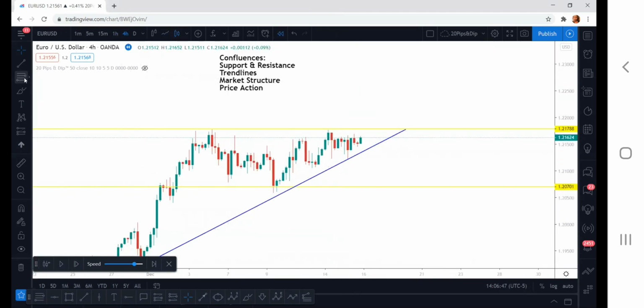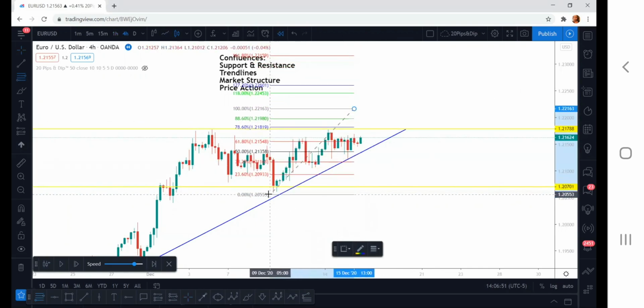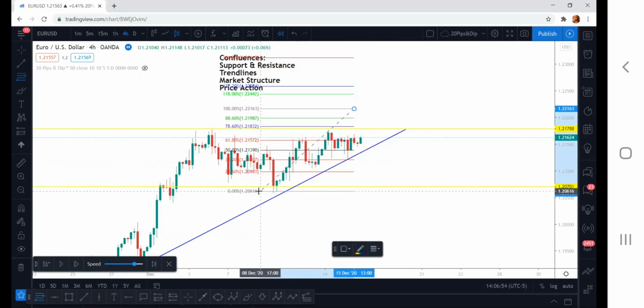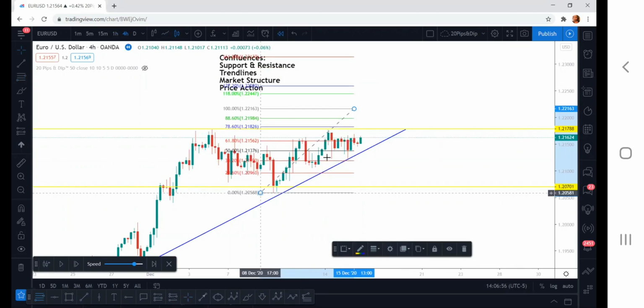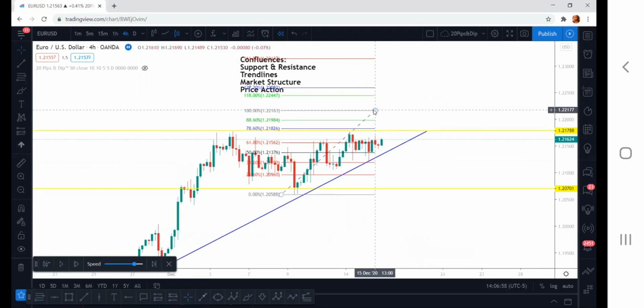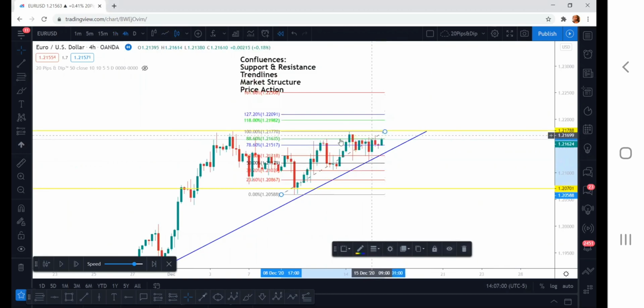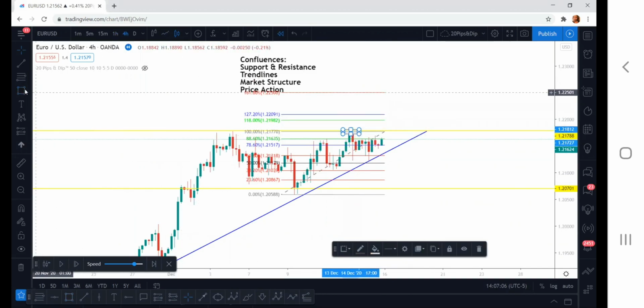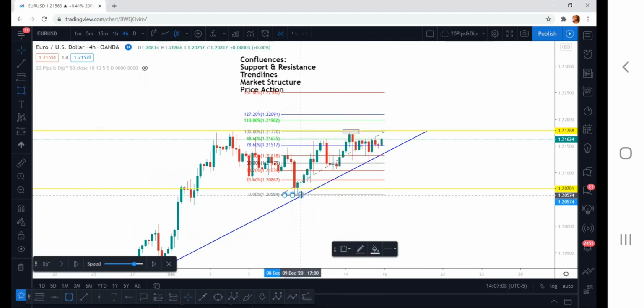So we know that this market is moving in an uptrend. So we're going to pull our 0 to the wick, and we're going to pull our 100% to this wick here, just so you guys see where I'm talking about.